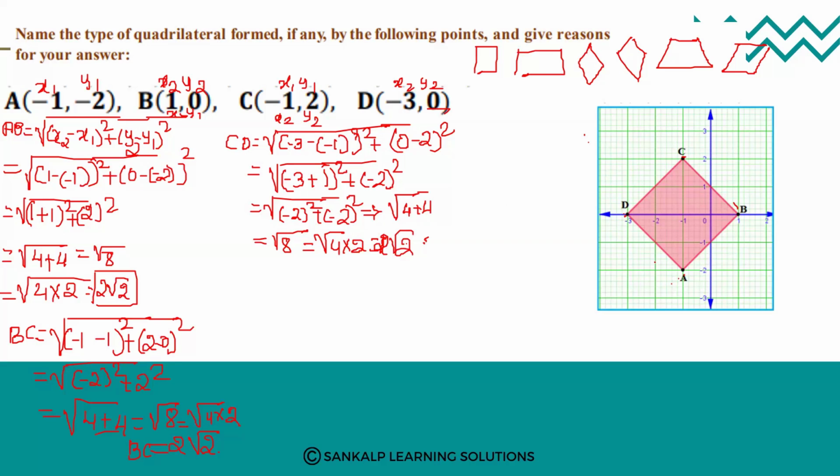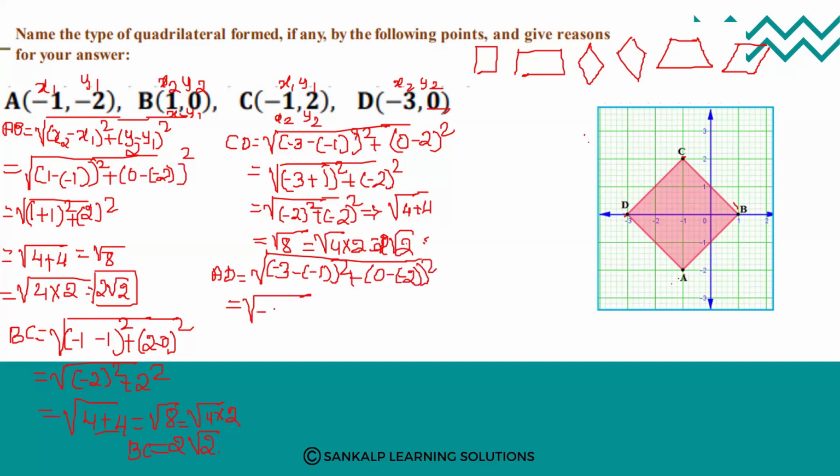Now find out the distance between A to D. AD is equal to square root of, now you are considering A to D, that means this is x1, y1 and this is x2, y2. x2 value is minus 3, x1 value is minus of minus 1 whole square, plus y2 value is 0, y1 value is minus of minus 2 whole square.